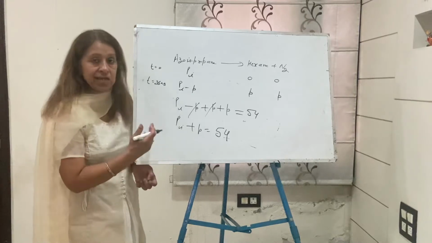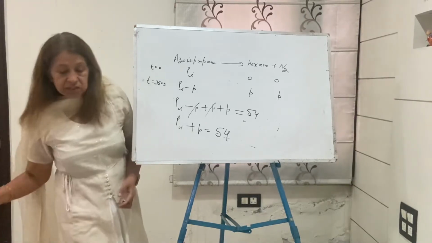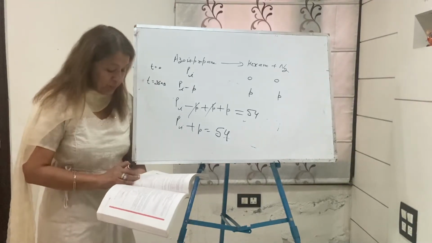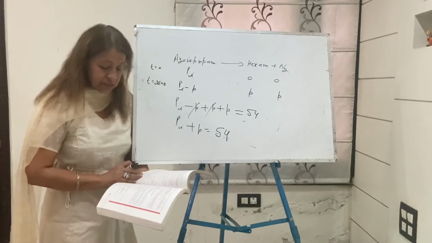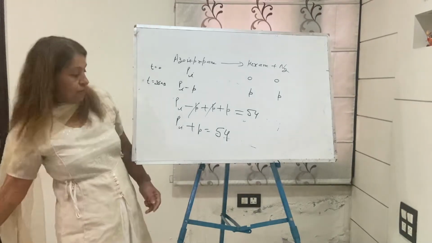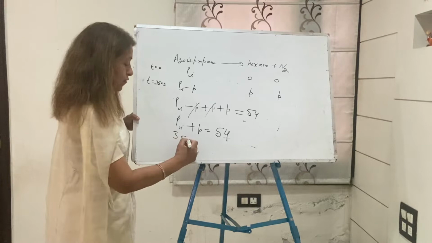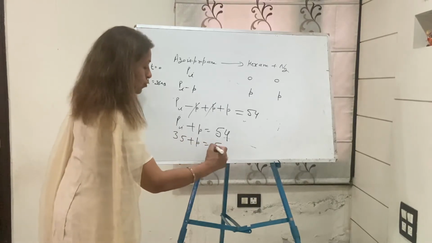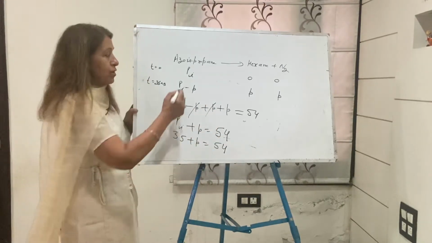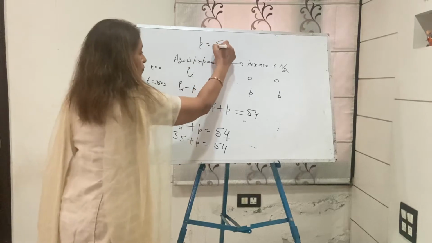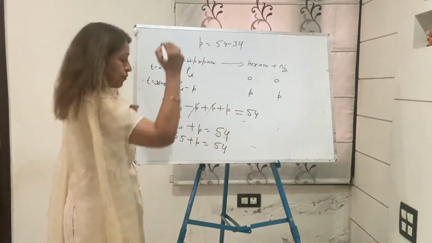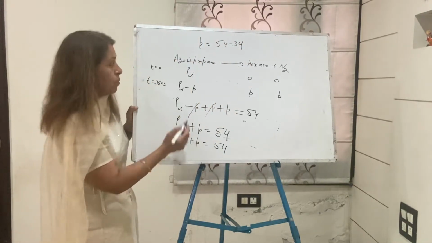Pi is the initial pressure, which is given. Let us check the initial pressure at time 0. It is 35. So 35 plus p is equal to 54. You calculate small p: 54 minus 35.